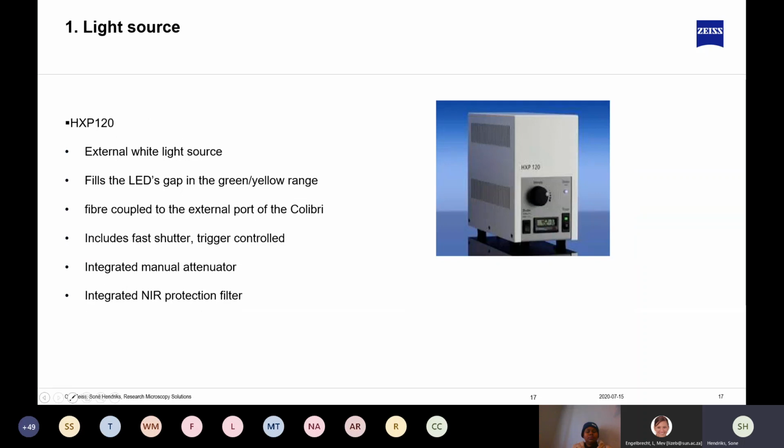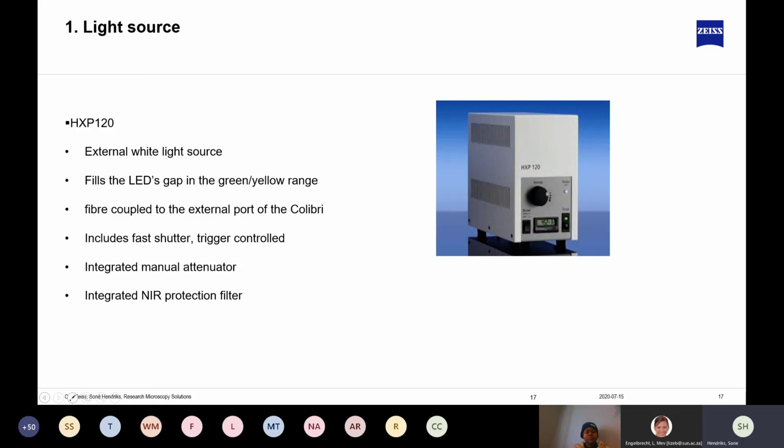If you're not quite sure and you're starting off with fluorescence research, we typically recommend going for an HXP lamp. This is also an external white light source, a separate box that is coupled to your microscope and can be coupled to any fluorescence microscope.